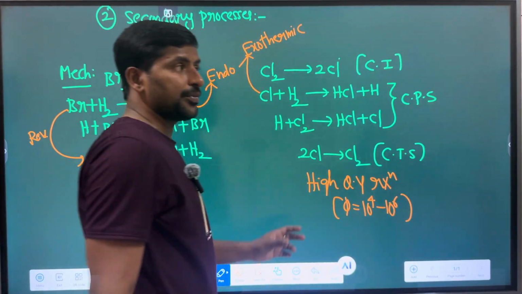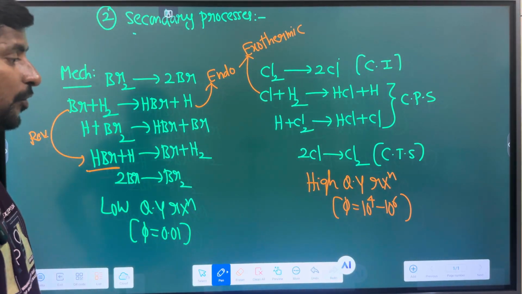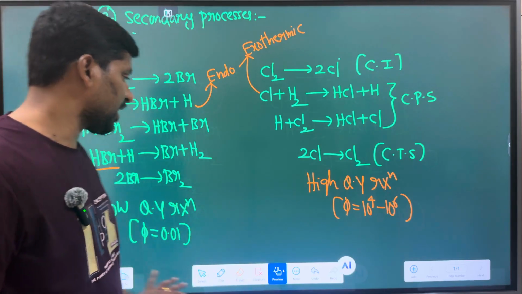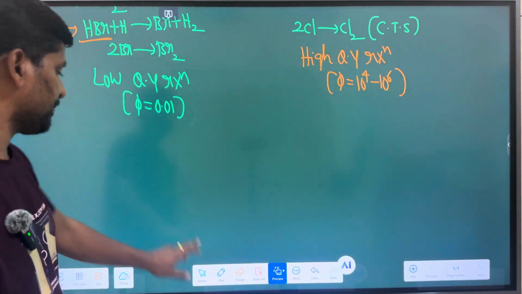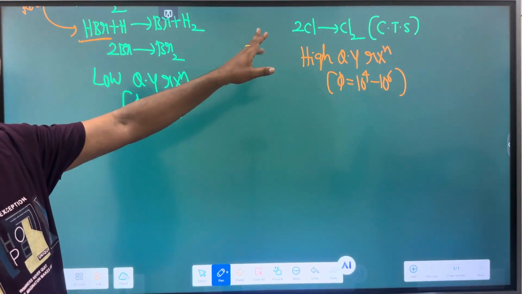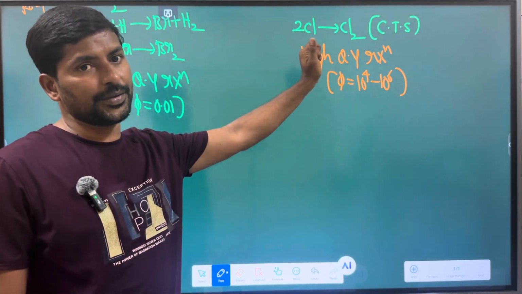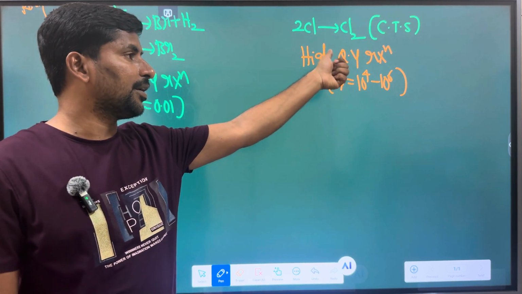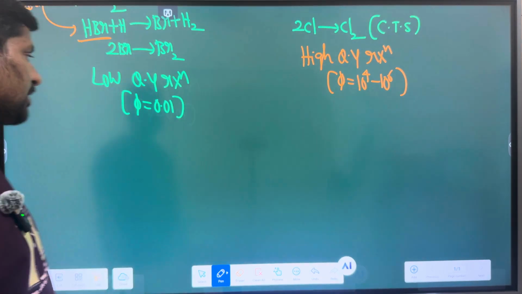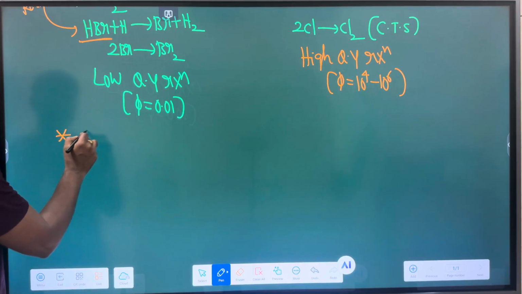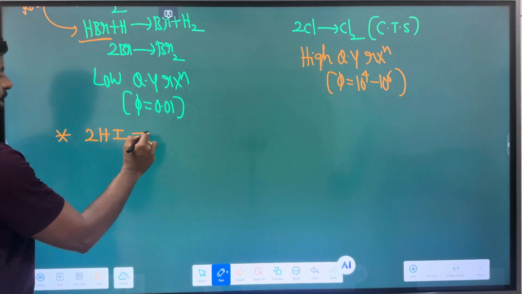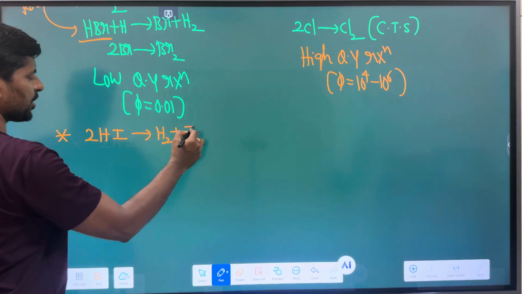So by the absorption of one photon, 10 power 4 to 10 power 6 reactant molecules participate in the reaction. Chain reactions and formation of free radicals are involved, that's why generally their quantum yield is very high.